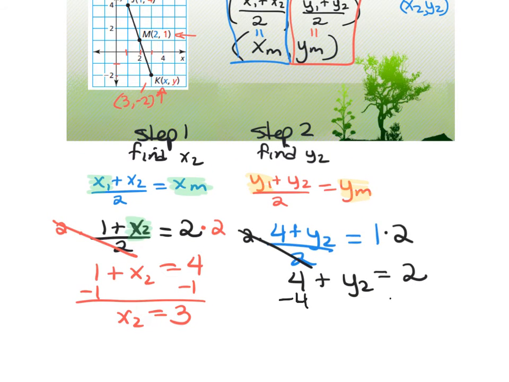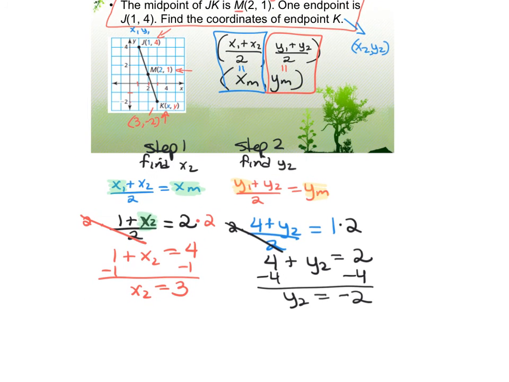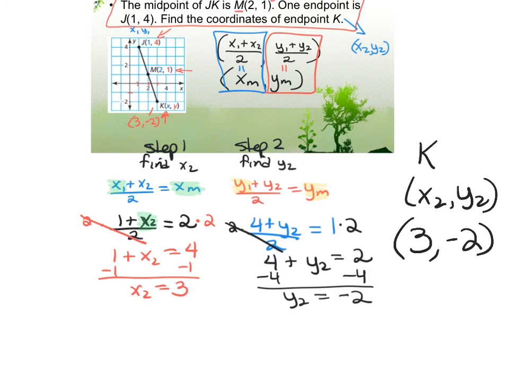Subtract 4, and y2 equals negative 2. Again, remember, we were looking for this ordered pair, which was K. So my x2 is 3 and my y2 is negative 2. So this is endpoint K.